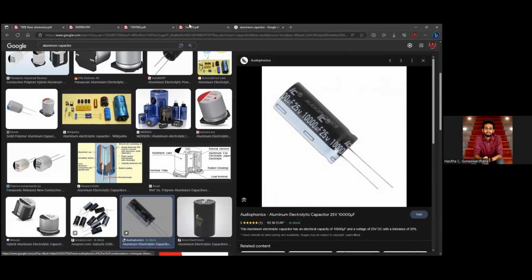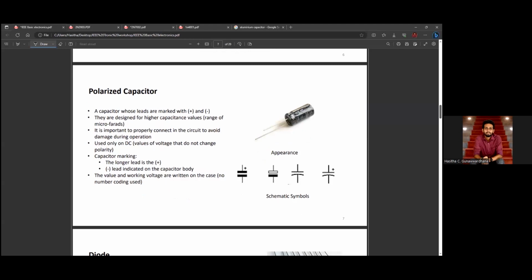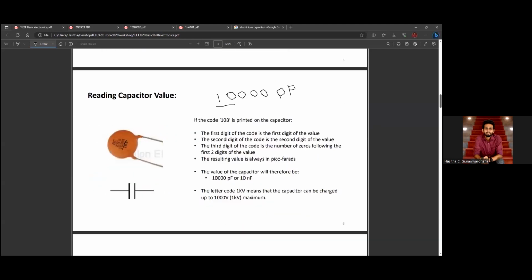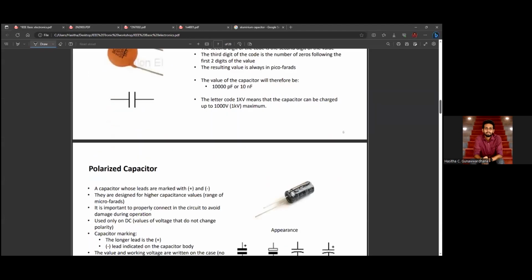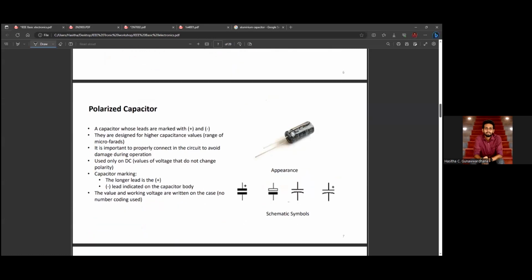These types of polarized capacitors usually have a lower voltage rating than non-polarized capacitors. All of these things vary with the dielectric medium inside the capacitor.